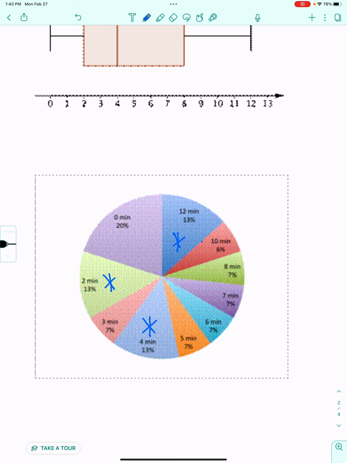And then all of the other ones are pretty close in size too. It does make it easy to see where the shortest wait time was. It doesn't make it so easy to tell where the longest wait time was. And it doesn't tell me how spread out my data is.